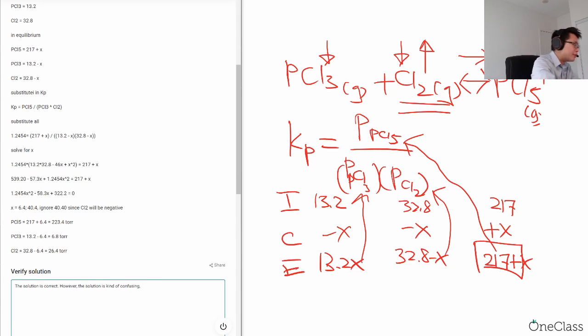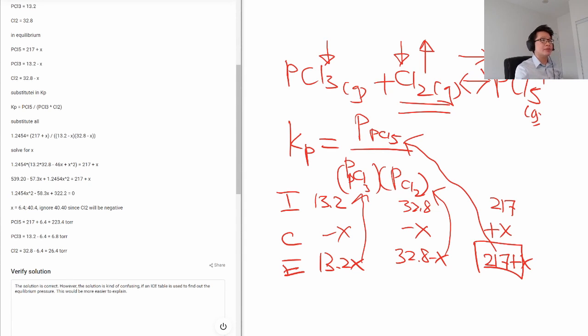Using an ICE table would be easier to explain. This was the second question on equilibrium. This is correct, so we can keep going.